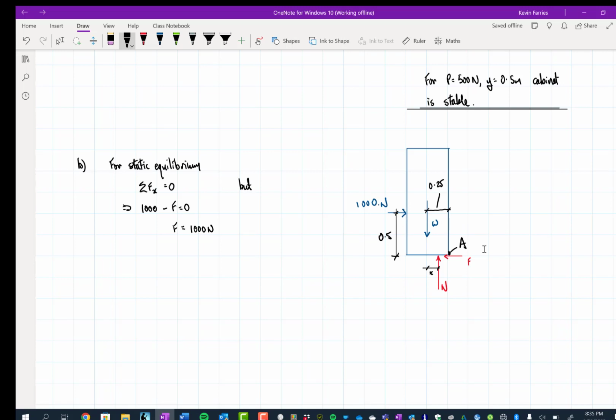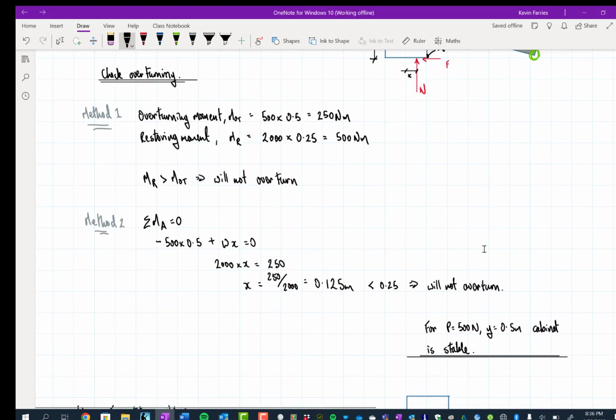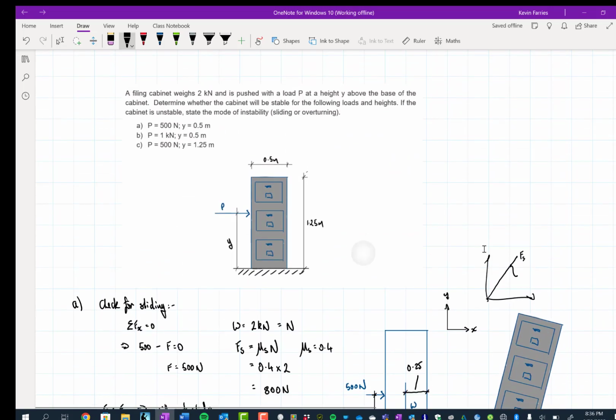But if the maximum frictional force is equal to the coefficient of friction times the normal force, we're saying it's 0.4 times our normal force, which was 2 kilonewtons.